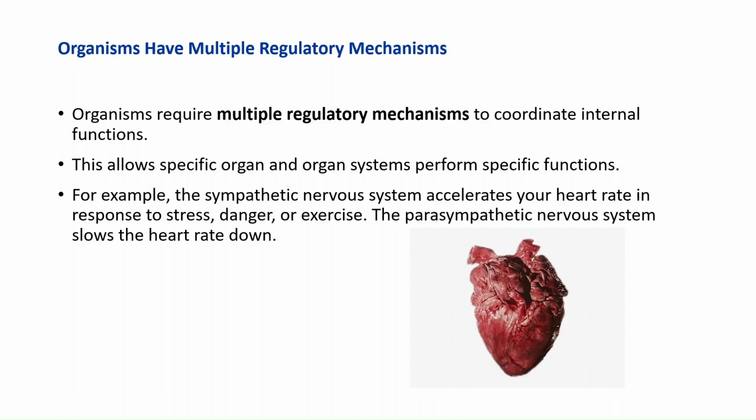Organisms have multiple regulatory mechanisms in order to coordinate internal functions. A very good example is the heart. When you do the second semester, you learn how the heart beats and all of that. But what is amazing about the heart is not just that it's beating, but that it changes the rate of beating depending on the conditions.